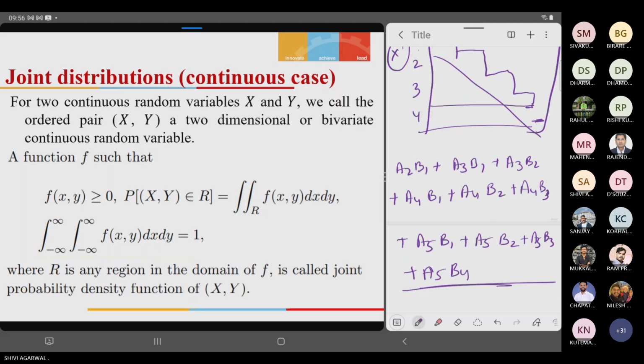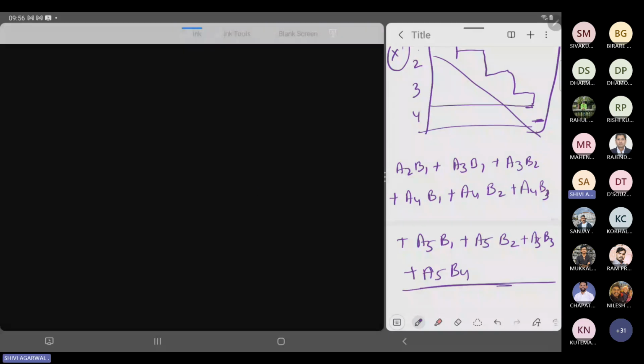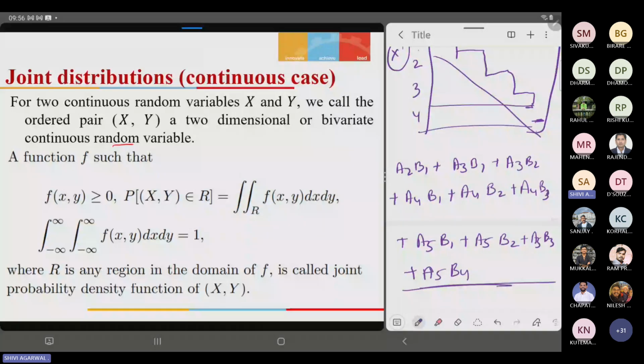the integration sign. Okay, so for two continuous random variables x and y, we call the ordered pair x and y a two-dimensional or bivariate continuous random variable, and in that one a function f(x,y) greater than or equal to 0, and that integration is coming here for all R, f(x,y) dx dy, and we can just say that integration for x from minus infinity to infinity, and y also from minus infinity to infinity, f(x,y) dx dy is equal to 1.